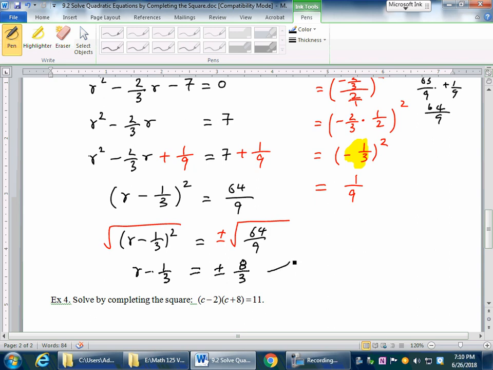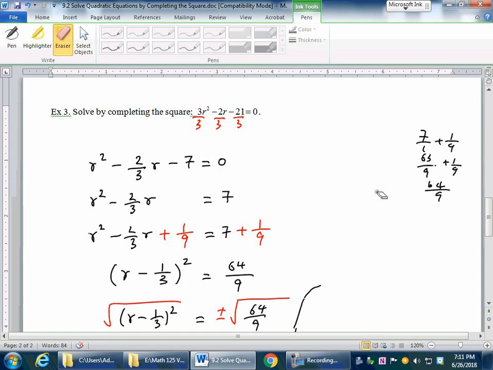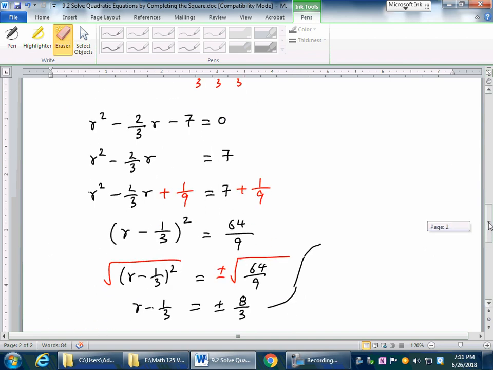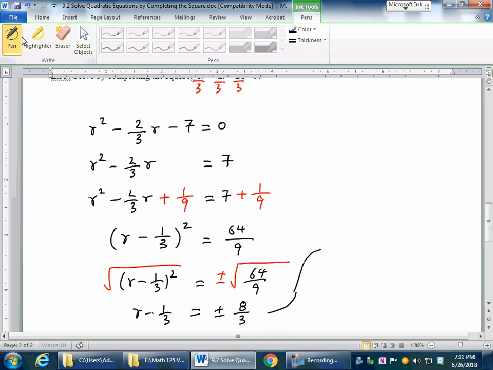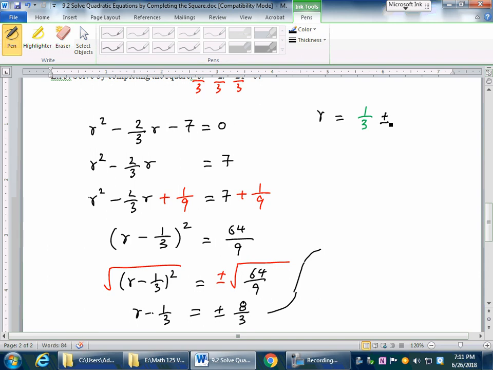Now continuing this by adding 1/3 to both sides, so it'll be r is equal to 1/3 plus or minus 8 over 3.